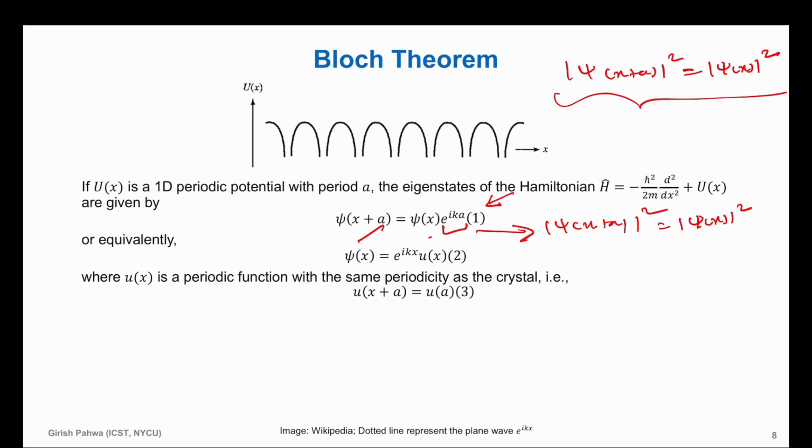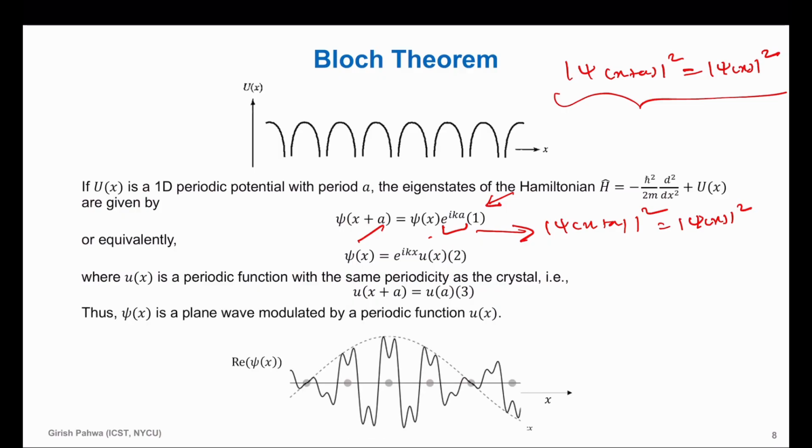Okay, so it will look something like this. Because these are complex numbers, we can only talk about the real or imaginary part. So the real part of say psi x is going to look like this. This is the e to the power iota kx property, right? It's a plane wave, and because of this u x, it will be modulated. So these oscillations, all of this that you see, are coming because of this u x.